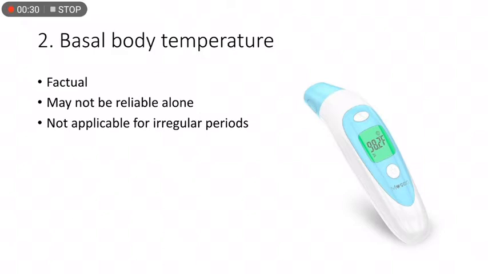It is not feasible practically. And used alone, the basal body temperature method is not reliable. Also, we cannot apply this to an irregular menstrual cycle because we wouldn't be able to calculate with precision when the ovulation has occurred.